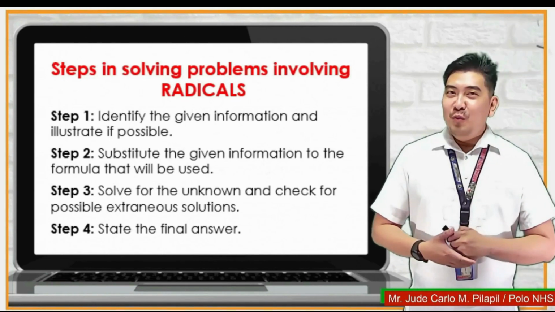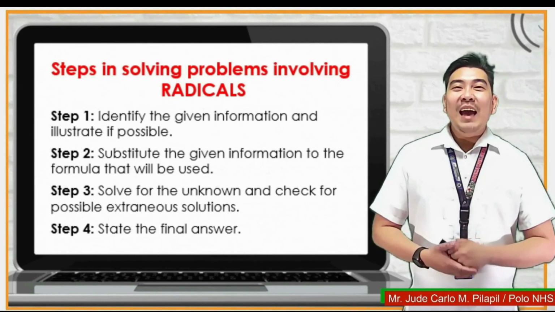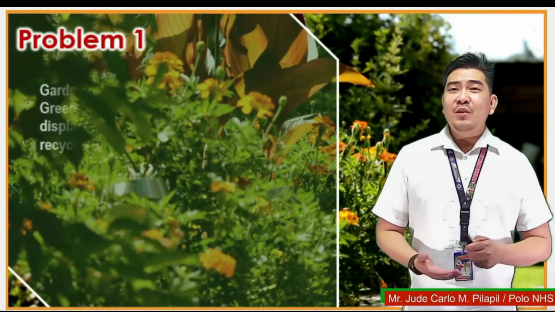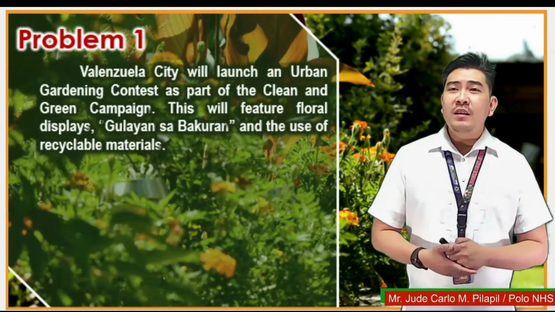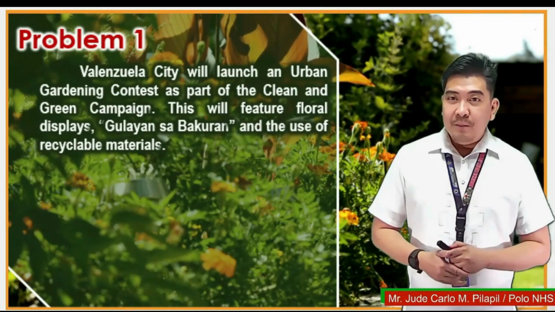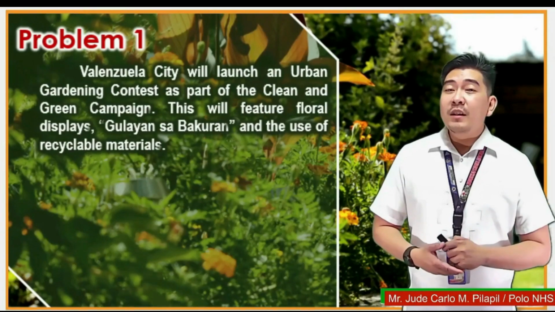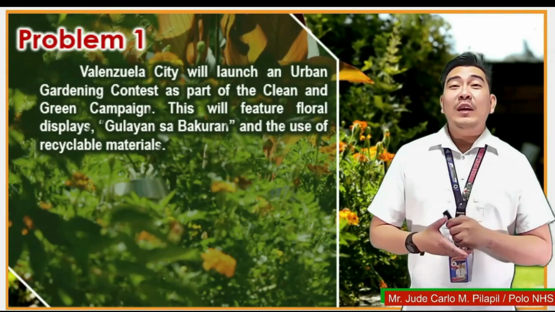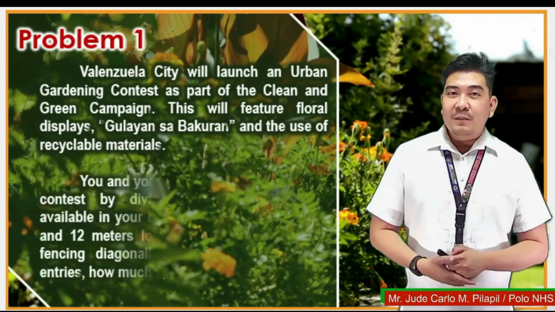We are now ready to solve. Let us have problem number 1. Valenzuela City will launch an urban gardening contest as part of the Clean and Green campaign. This will feature floral displays, gulayan sa bakuran, and the use of recyclable materials.